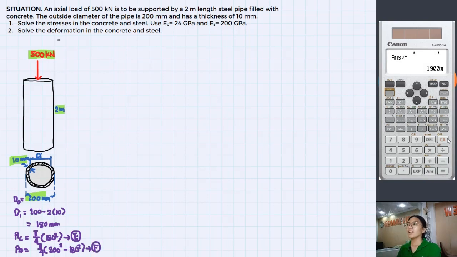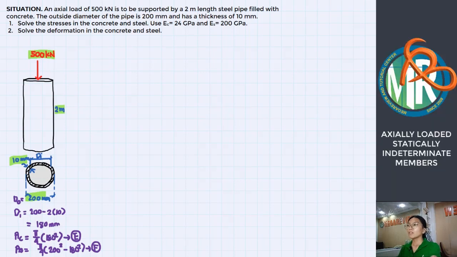So here, let us look at the reactions of our steel and concrete material when this 500 kilonewton is applied. It is not stated what kind of force this 500 kilonewton is, whether tension or compression. Considering that one of the materials used here is concrete, and concrete is strong in compression, most probably the 500 kilonewton is a compressive force.